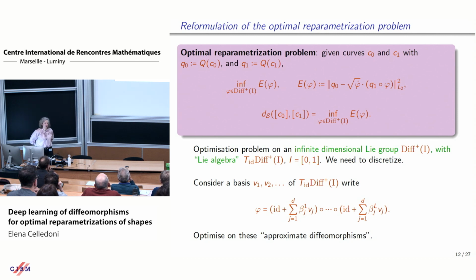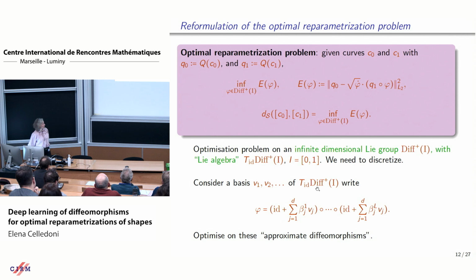So I'll have to discretize somehow. I'll have to make a finite model for this, something that I can compute. And our proposal is to consider a basis of the tangent space at identity of the diffeomorphism group, start from there, and then make compositions of elementary diffeomorphisms. So I will take a linear combination of this basis.